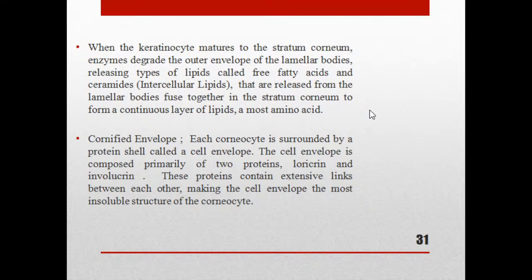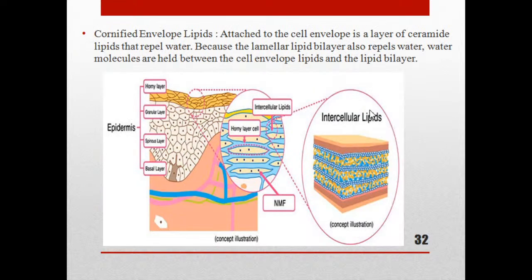These proteins contain extensive cross-links between each other, making the cell envelope the most insoluble structure of the corneocytes. Cornified envelope lipid attached to the cell envelope is a layer of ceramide lipid that repels water, because this lamellar lipid bilayer also repels water. Water molecules are held between the cell envelope lipids and the lipid bilayer.